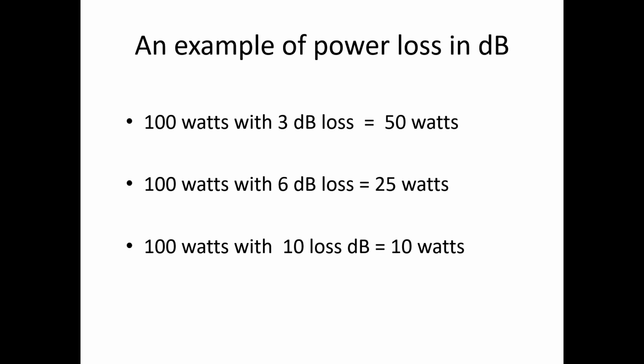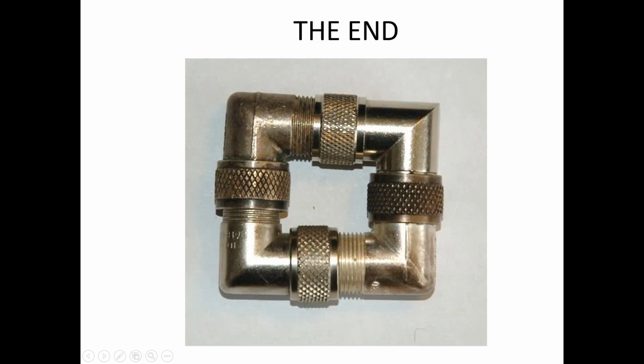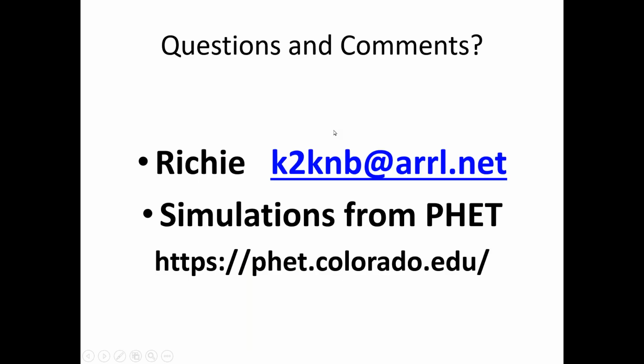And if you have another dB loss, which would bring it to a 3 dB loss, it's another 20% of the 64, which is roughly 13, leaving roughly 51, which is close enough to our 50. So it's just a rule of thumb, 20% per dB, but not 20% of the original, 20% of the resultant power.